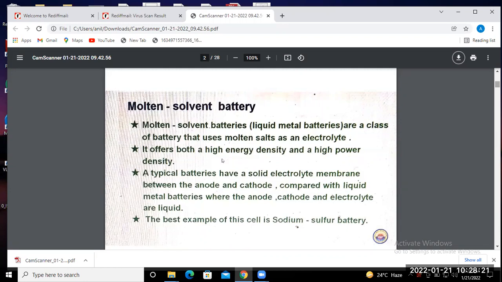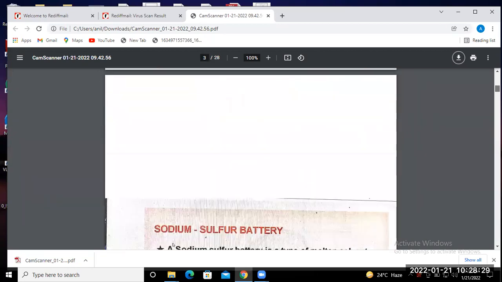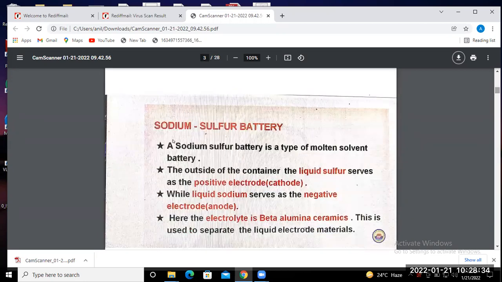So just try to see here how the sodium sulfur battery charges and discharges. Okay. The sodium sulfur battery is one type of molten solvent battery. The liquid sulfur serves as the positive electrode, that means the cathode terminal, while the liquid sodium serves as the negative electrode, that means the anode.